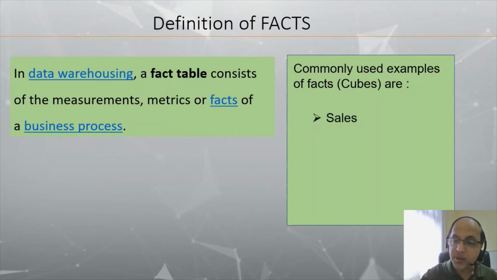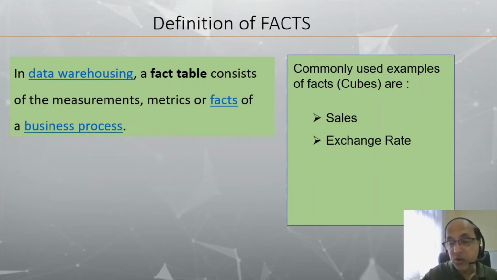Sales cube. A sales-related cube can store all the sales-related facts, such as the quantity of sales, the order value of the sales, and the unit price of any sale which happens, in the context of some product or product category over a period.